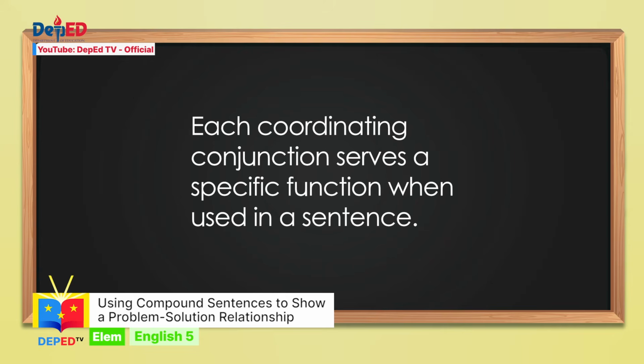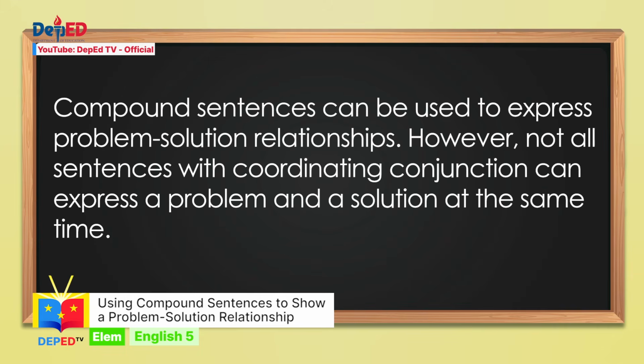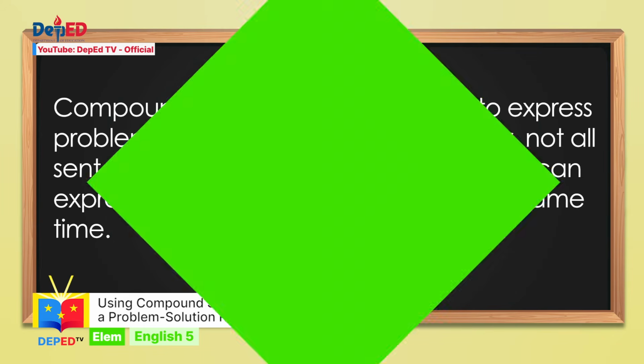Each coordinating conjunction serves a specific function when used in a sentence. And compound sentences can be used to express problem-solution relationships. However, not all sentences with coordinating conjunctions can express a problem and a solution at the same time.